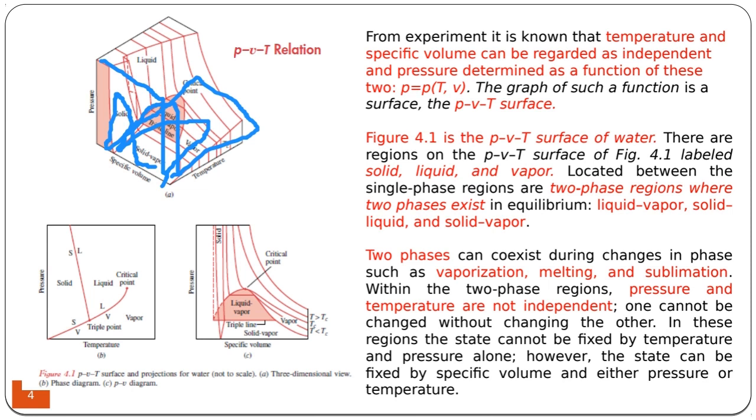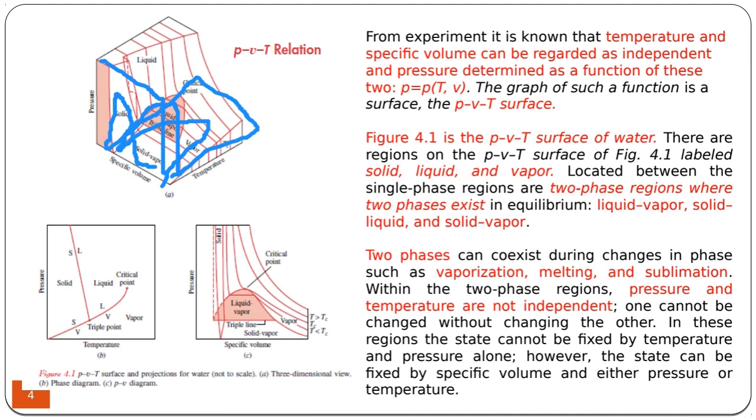So when you take the projection of the curve here, the graph here, for instance, on the PT plane, so this is the PT plane, the back plane, you get a phase diagram which has a solid-liquid phase change line, solid-vapor phase change line, and liquid-vapor phase change line.